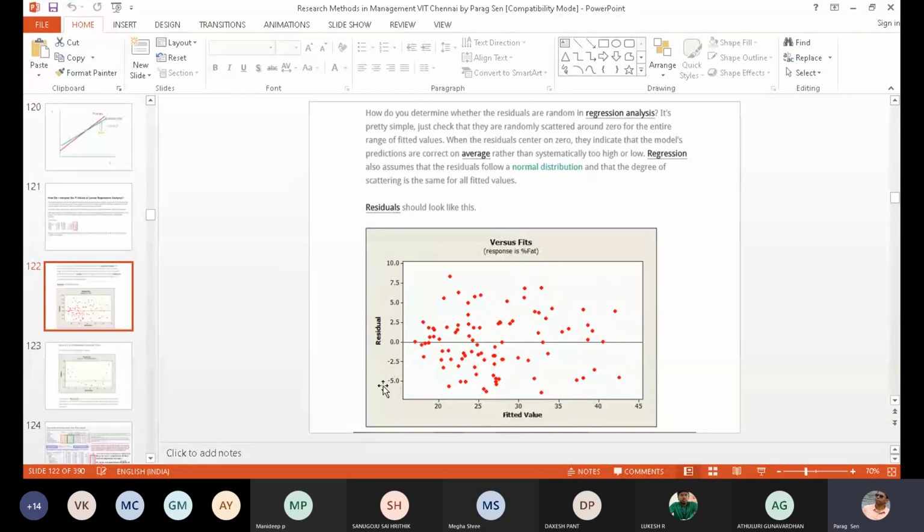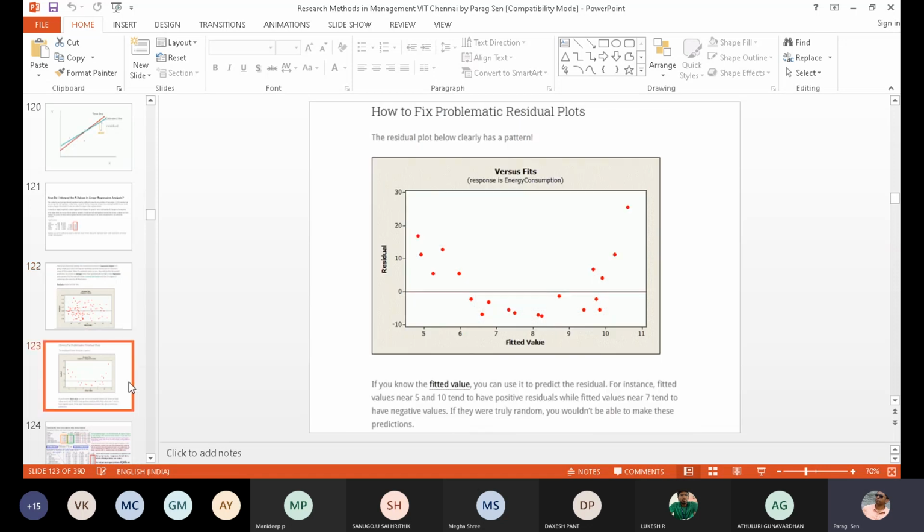If it is scattered in nature, then you can understand that there is no relationship between the fitted values and the residuals, so you can conclude that the relationship is linear in nature.